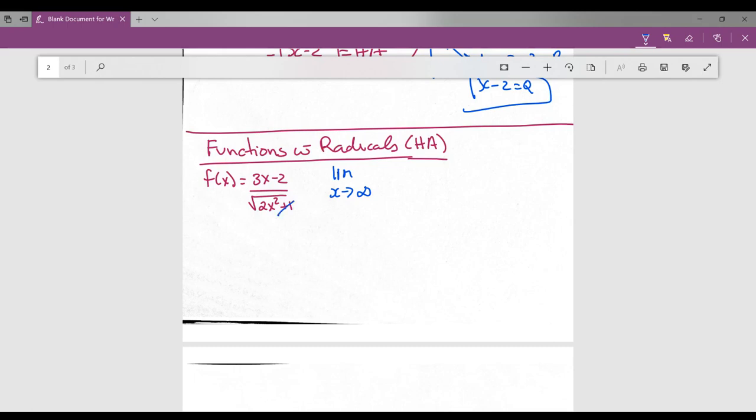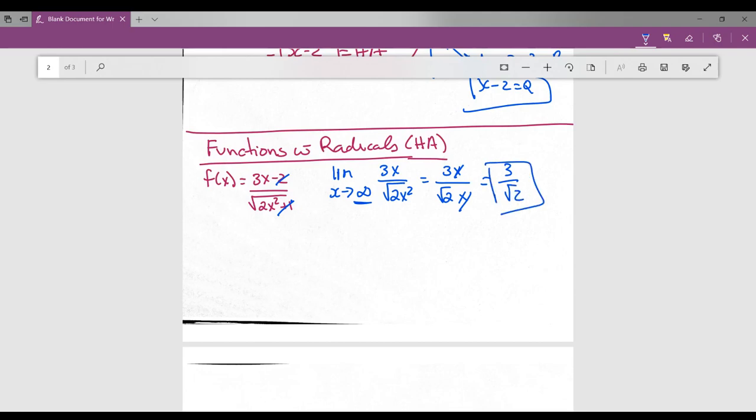So we don't care about constants, right? I'm shorthanding this. So 3x over root 2x squared. This denominator is going to turn into root 2 times x. What happens to the x's? Now the top is always going to be positive as we go to positive infinity. So the x's will cancel, and we're left with 3 over root 2.